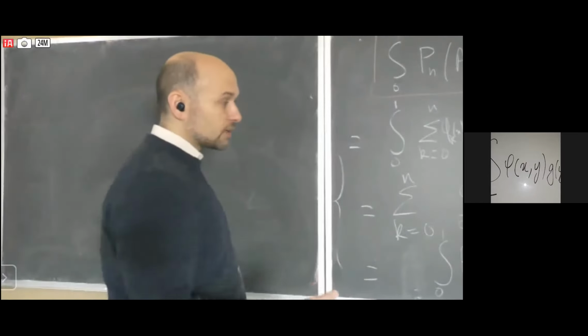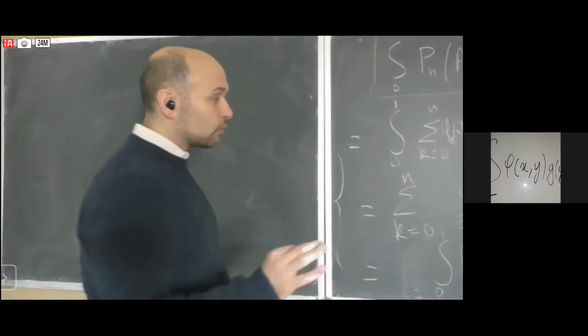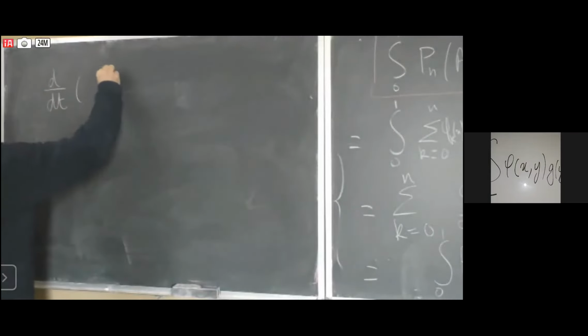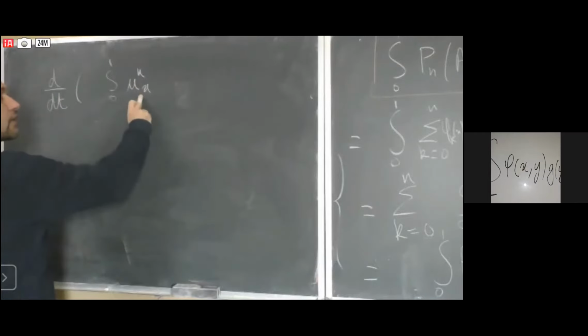There's some details, but that's the point here. I need to prove compacity. And to do that, I can just look at here the derivative of this quantity. So here it's the derivative of un with regard to the space variable.